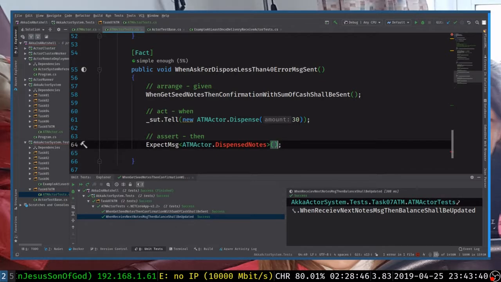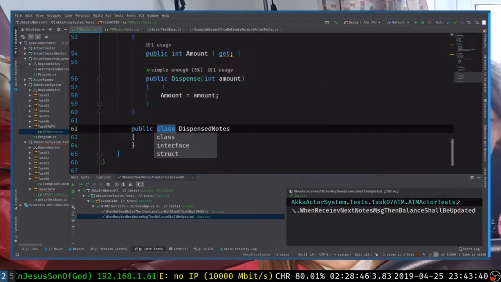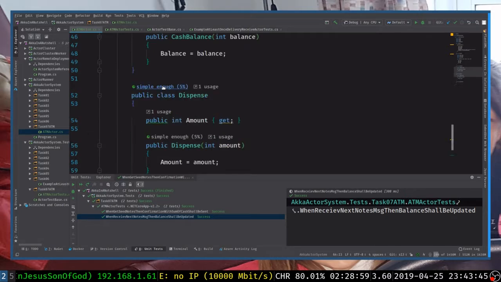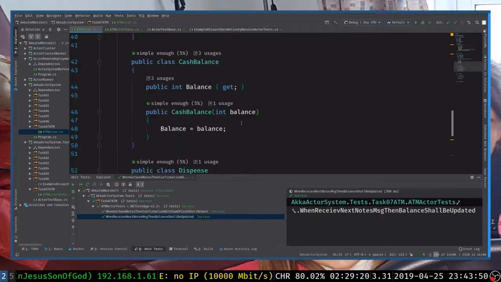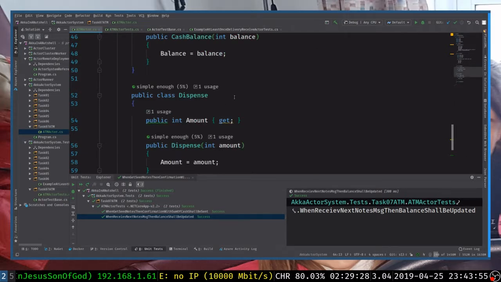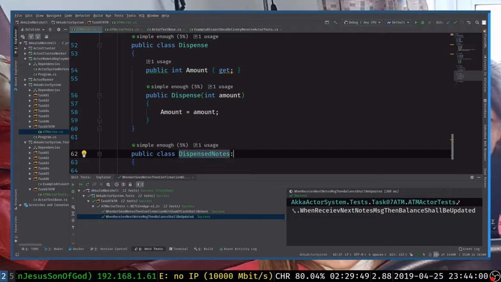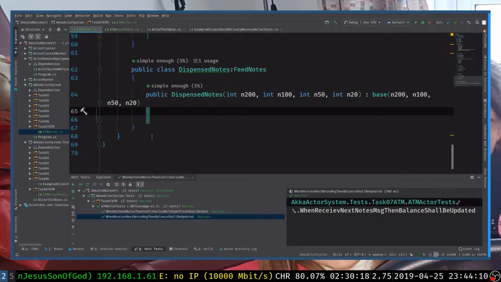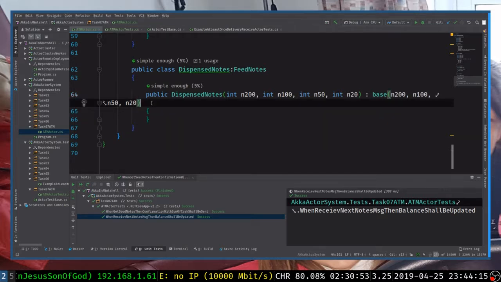Okay, maybe the name is not so good. But the dispense notes will be very similar as this guy, right? So we will just do it after that. Okay. And then do this.